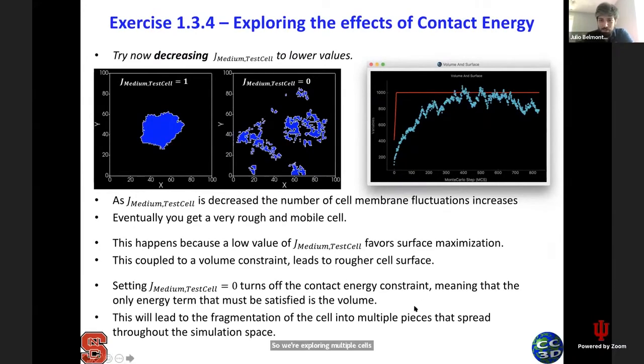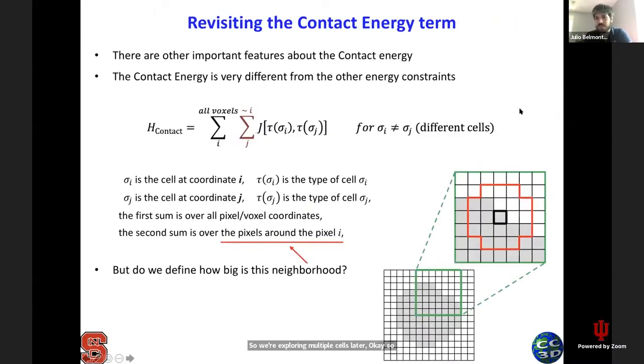Okay, so let's continue. Let me explain what's going on in the contact energy term. Again, what we are doing is visiting all the pixels that are on the boundary or close to the boundary, and summing up those numbers that make the pairs between the pixel that you are looking at and all those other pixels within the neighborhood.